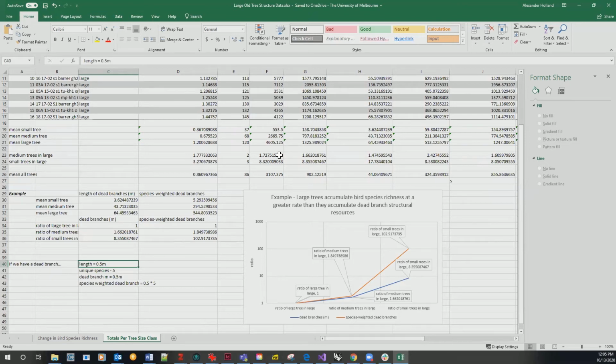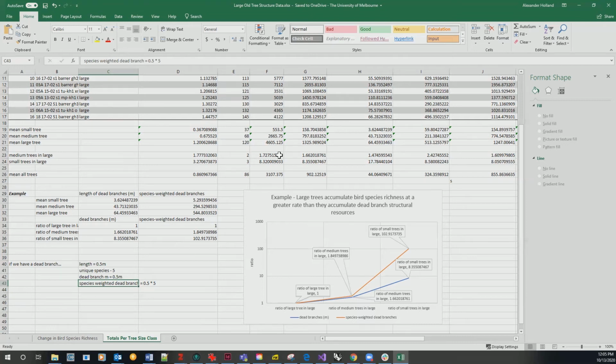But this tree also has 5 unique species in its matching observations. So for its species weighted score for dead branches, I multiply the length by the number of unique species. If it had 2 species, then the species weighted score would be 0.5 times 2.